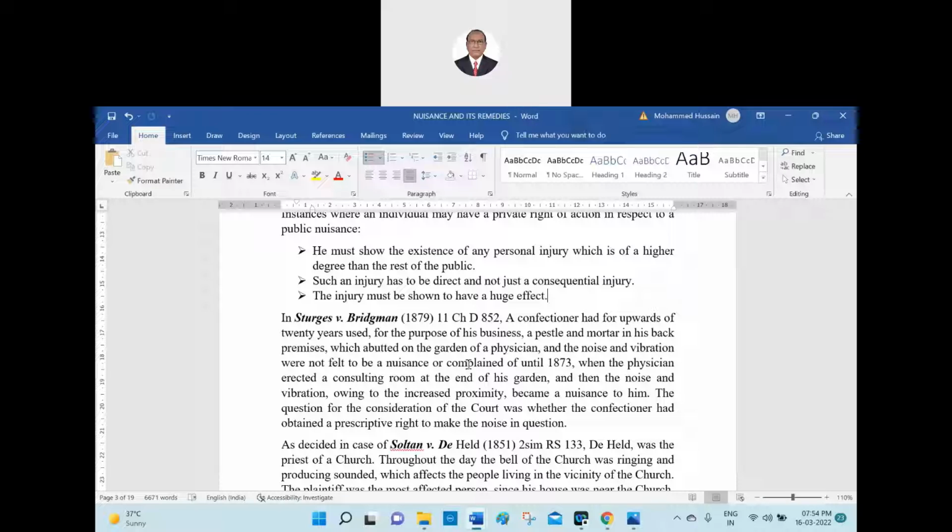So the noise and the vibrations were not felt to be a nuisance, and complied until 1873. Until he opened the clinic over there, he did not feel the nuisance.